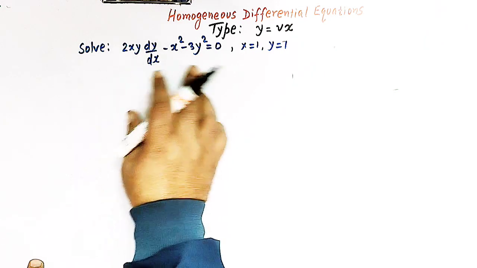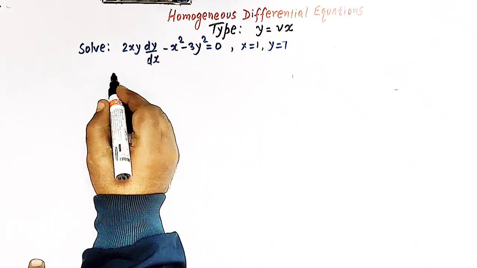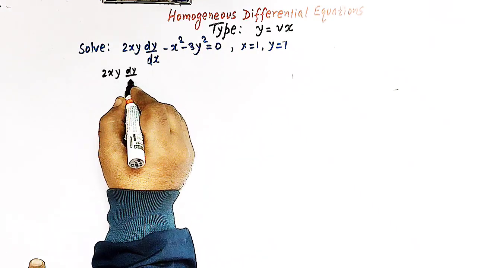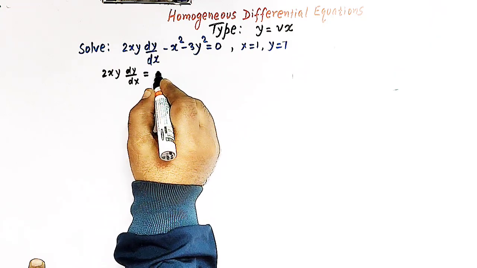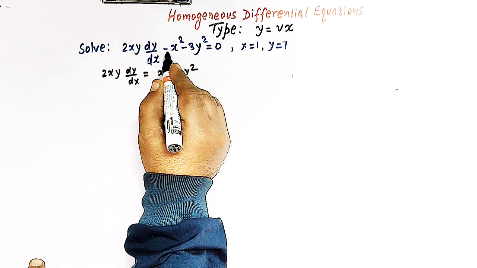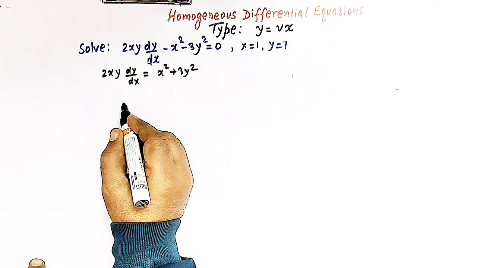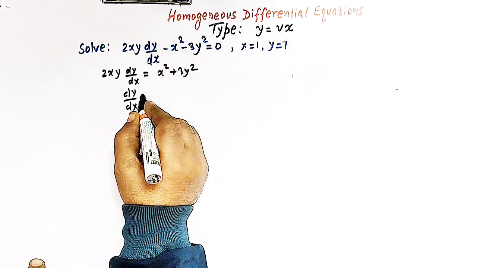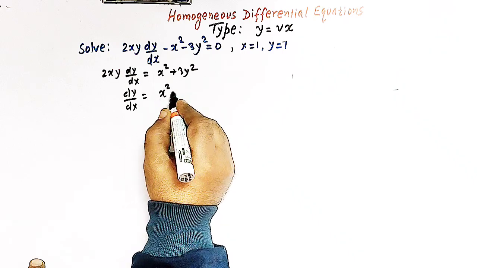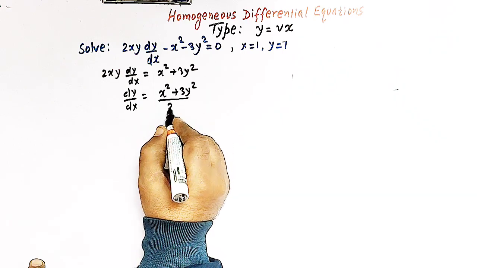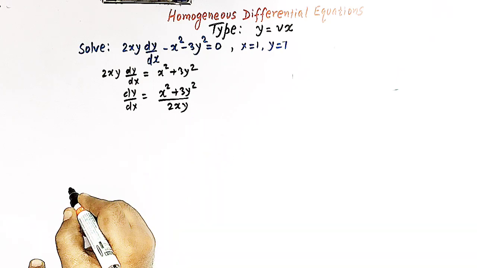So let us first rearrange the terms. That is, we can write 2xy dy over dx is equal to x square plus 3y square. So taking these two terms to the right hand side, we can write dy over dx is equal to x square plus 3y square divided by 2xy, right?